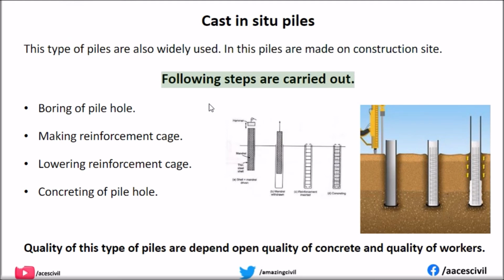The following steps are carried out: boring of pile hole, making reinforcement cage, lowering reinforcement cage, concreting of pile hole. Quality of this type of pile depends upon quality of concrete and quality of workers.